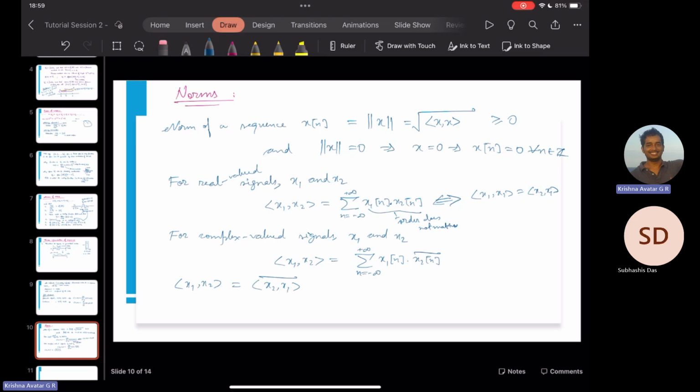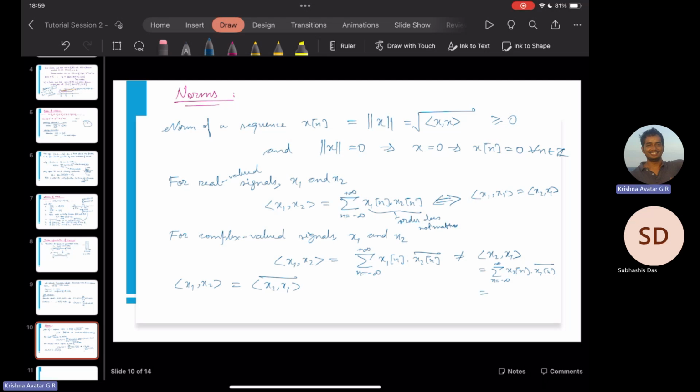However, for complex analysis, this is not the same as x2 comma x1. Let's try to understand why. So x2 comma x1 will be the summation from n equals minus infinity to infinity of x2[n] dot x1[n] complex conjugate.